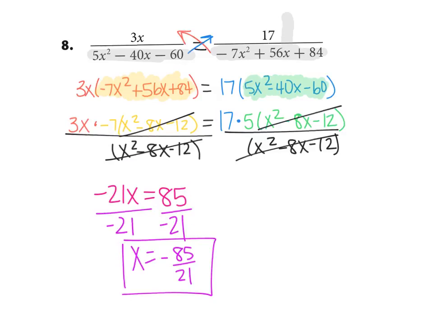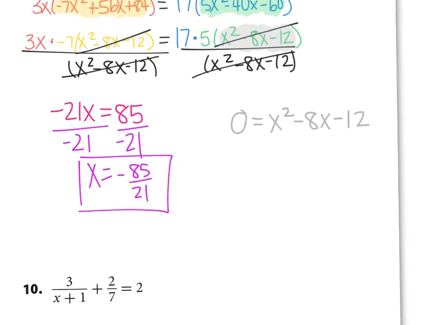They canceled each other out, so we need to figure out this x squared minus 8x minus 12. We know we can't factor that, but we've got to figure out what x cannot equal. I need to figure out what's going to make this equal to 0. How do I figure that out? Quadratic formula. I know. I got to use the quadratic formula.